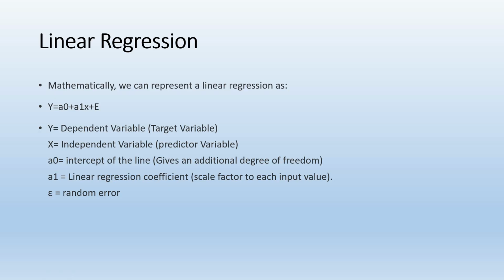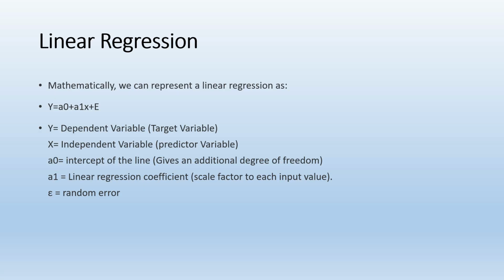Okay, so how can this be mathematically represented? Mathematically, we can represent linear regression as y equals a0 plus a1x plus e. The y here is a dependent variable, or the target variable. We can call a dependent variable also a target variable, and x is an independent variable, which is a predictor variable.